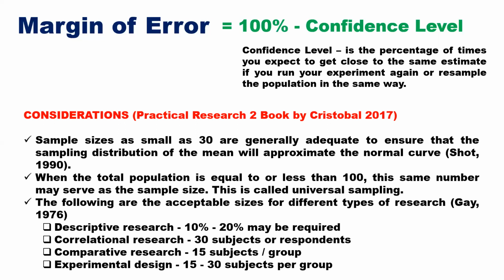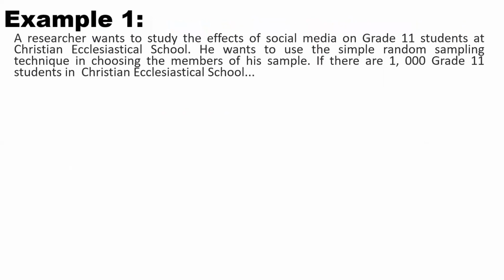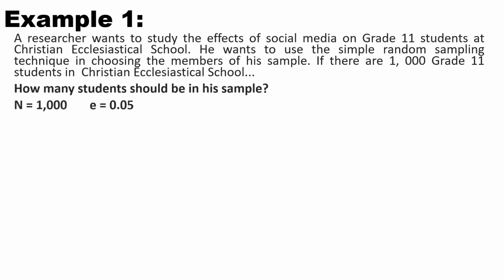Okay, now let's have our example number 1. It is a random sampling. How many students should be in the sample? The population is N equal 1,000, and we don't have a margin of error, so we will use the default value 0.05.